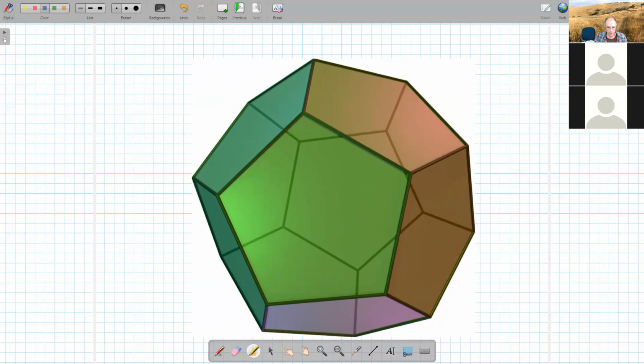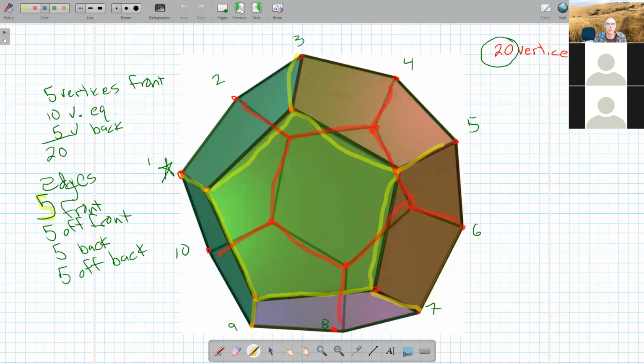And I don't have a highlighter, so that would be 1 to there, 2, 3, 4, 5, 6, 7, 8, 9, 10. So it looks like there's 10 edges coming around the equator, if I did that right.